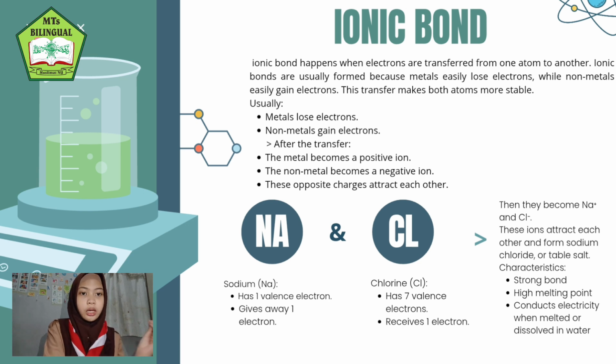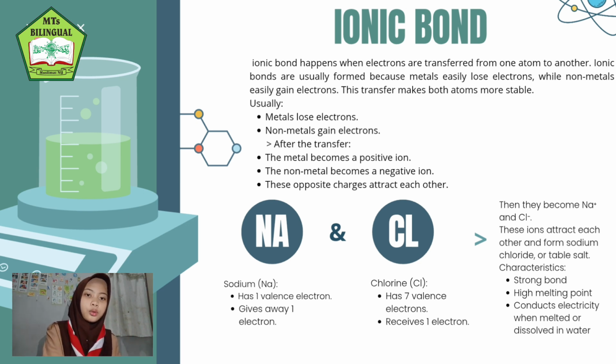These ions attract each other and form sodium chloride, NaCl, or table salt. And then they have characteristics: strong bonds, high melting point, and they conduct electricity when melted or dissolved in water.